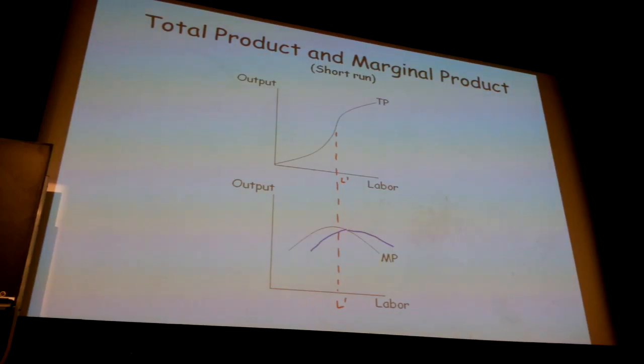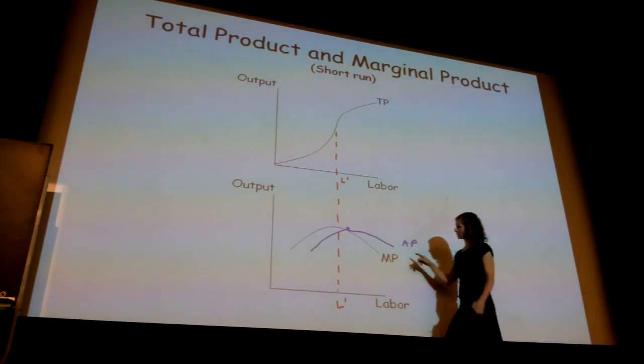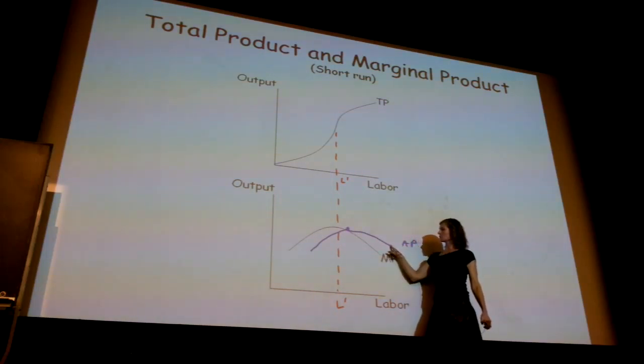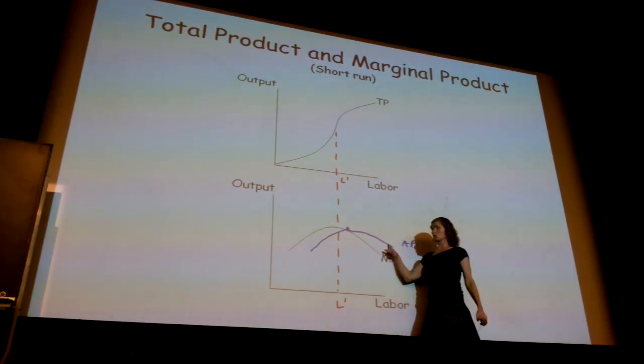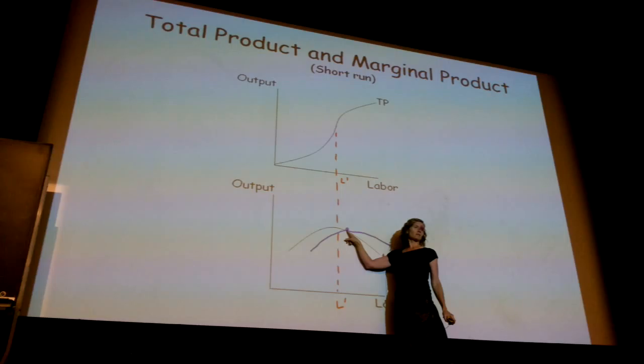If you are drawing this in your notes, let me explain what this is supposed to look like. In my example, it's still not a good example. This average product curve is supposed to look like an inverted U, and it's supposed to hit its maximum right here where it intersects the marginal product curve.